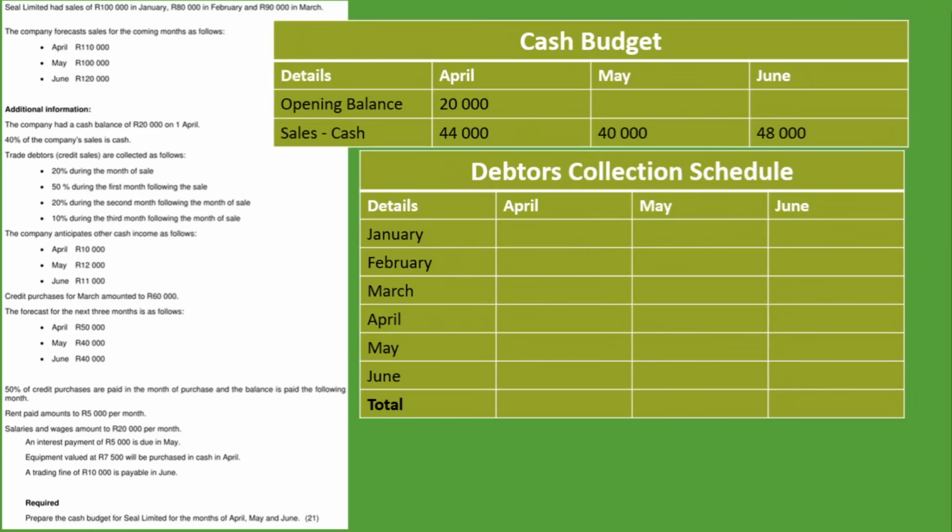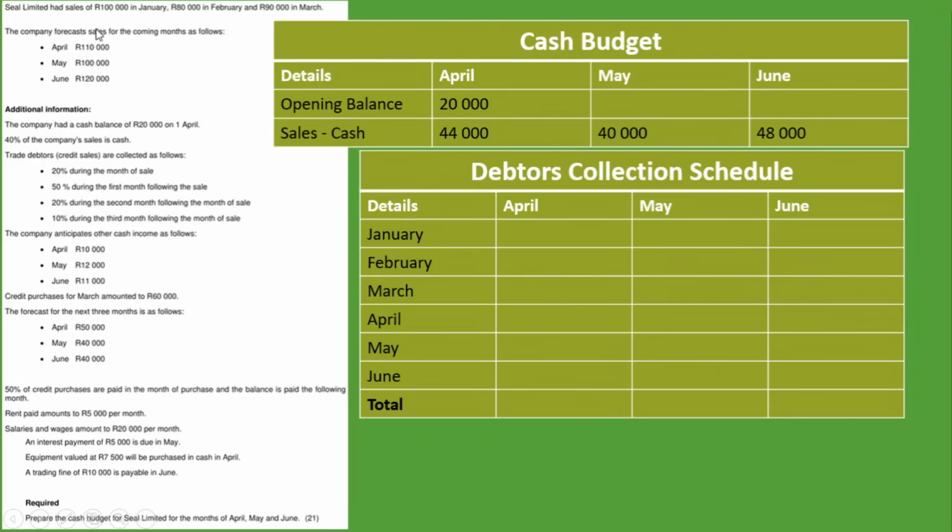So for January, how much was the sale? The sales for January was 100,000 rand, and 10% will be collected in the third month following the month of sale. We are not concerned with these three because 20% was collected in January, 50% in February, 20% in March. We're only concerned with what happens in these 3 months, and we know that 10% during the third month following the month of sale.